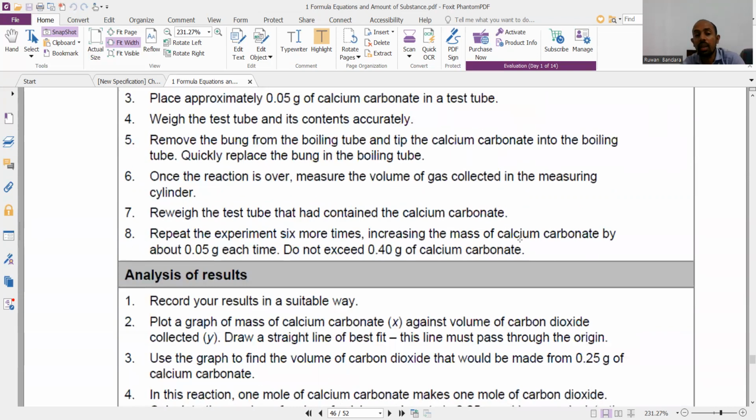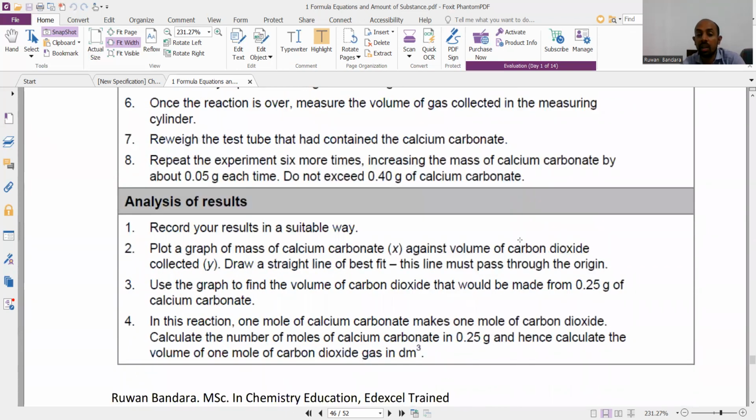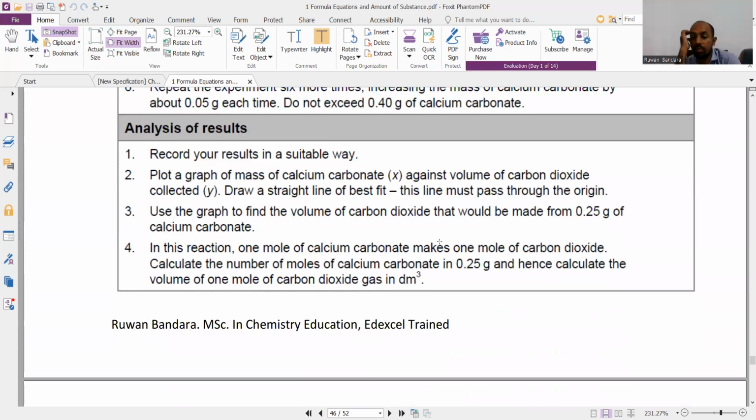Then you can repeat it, obtain some results, and plot a graph of the mass of calcium carbonate against the volume of carbon dioxide.